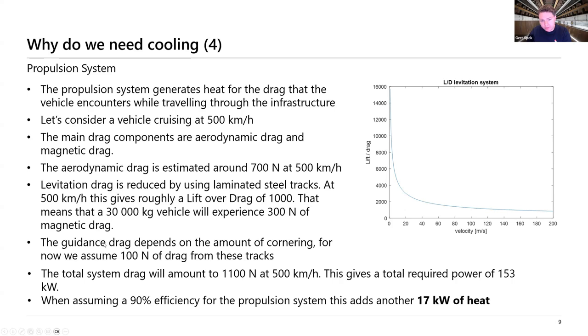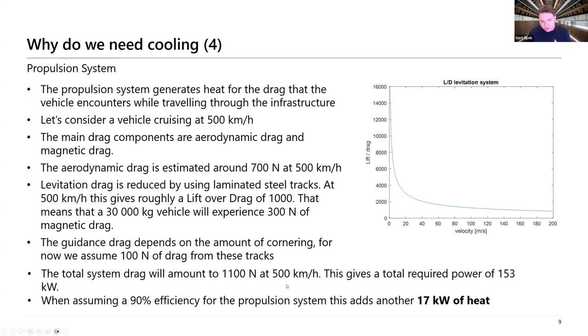Similarly, for guidance, it of course depends on how your infrastructure looks. If it's purely a straight line, then you will have no guidance drag. If you need to do a lot of cornering, you will have induced guidance drag. So here I assume that it's roughly 1/3 of the levitation drag.